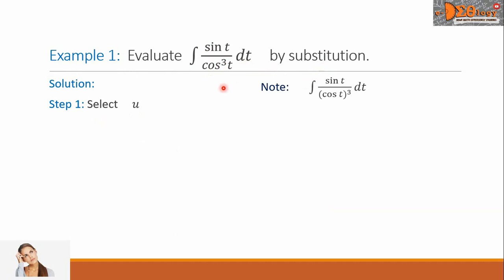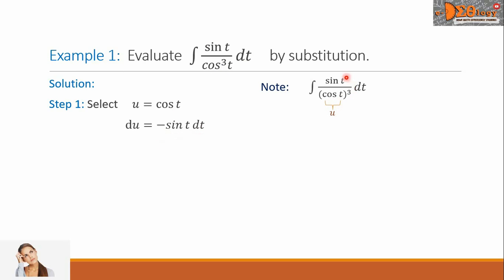Take note that this cosine cube of t is the same with cosine t and the quantity is cubed. And from here, let us choose the cosine t to be the u. So we have the cosine t here. Then let us take the derivative of this equation. So du equals negative sine t dt.